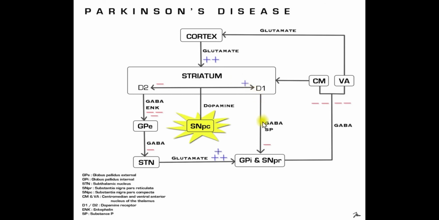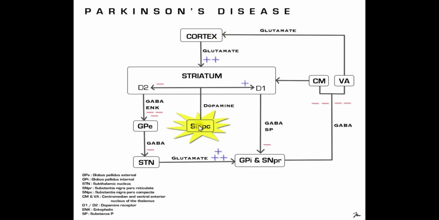That means we're going to crank out less GABA, so we have less inhibition on the internal segment of the globus pallidus. If you inhibit this less, it's going to put out more GABA, which is going to inhibit more of the ventral anterior nucleus, and it's going to put out less glutamate. Remember, less glutamate going to the motor cortex, the patient slows down, they look like they have Parkinson's disease.